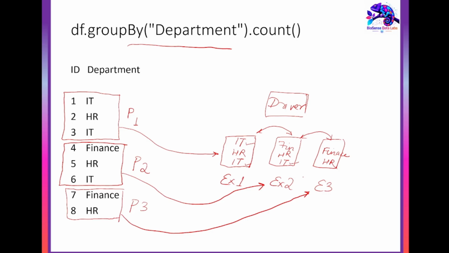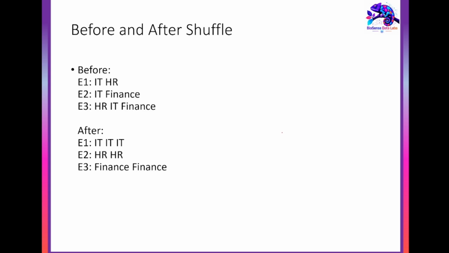Now after movement, we'll have something like this. If you see here, before we had IT and HR in executor 1, HR and IT in executor 2, and finance in executor 3. But after shuffling, we'll have the same type of records in the same executor.